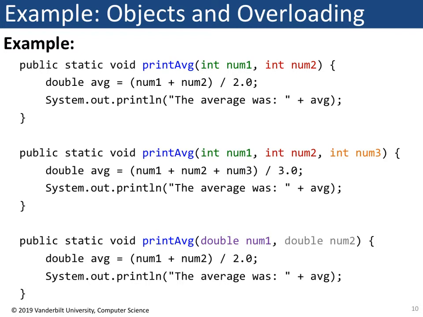So then it checks the type. If it's 2 doubles that are supplied as parameters, then it knows that this is the appropriate method to use. However, if it's 2 integers, it knows the integer version of print average is the appropriate method to use. As a final note on this slide, I hope it's apparent also from the previous discussion that we don't need this method.